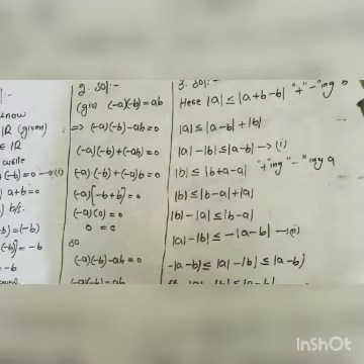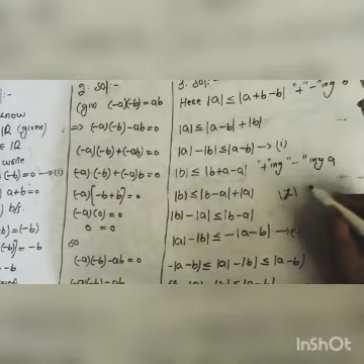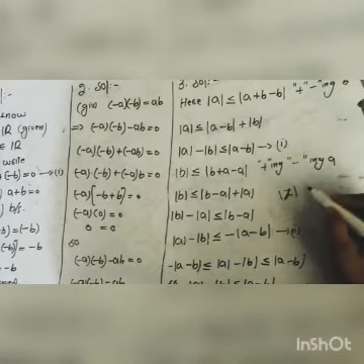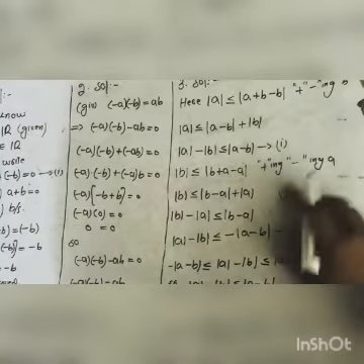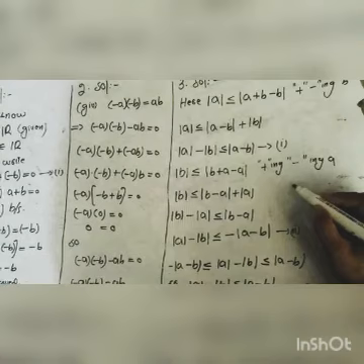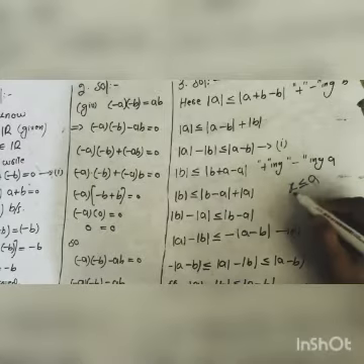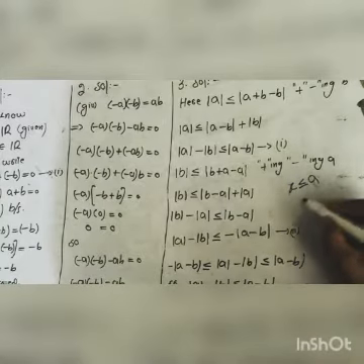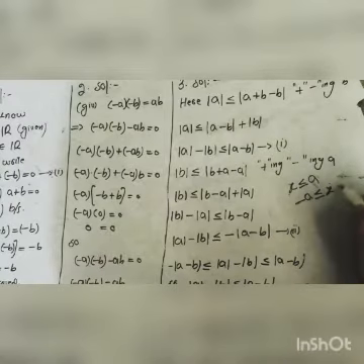So we know that |x| is less than or equal to a means minus a is less than or equal to x, and x is less than or equal to a.